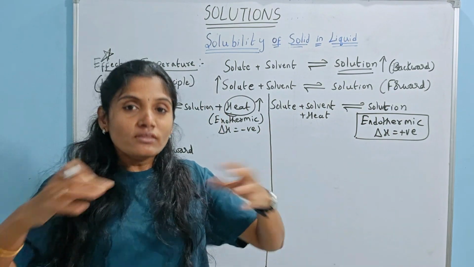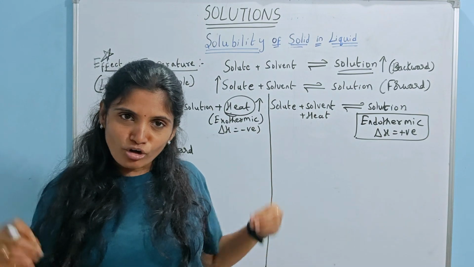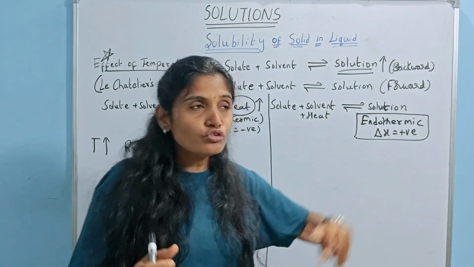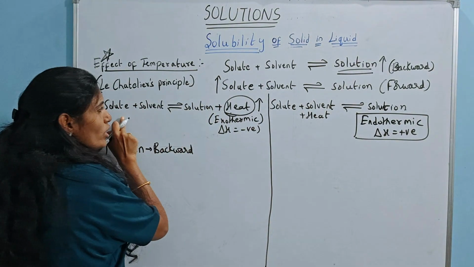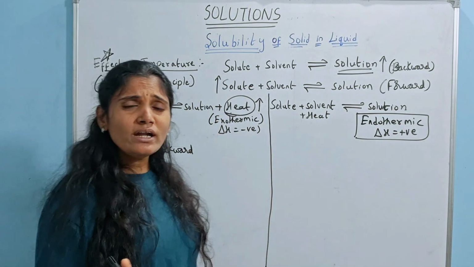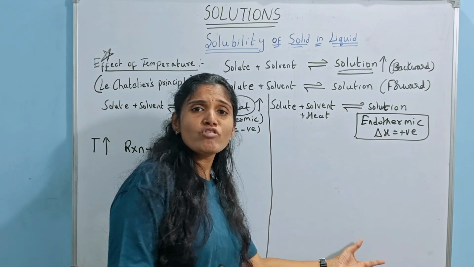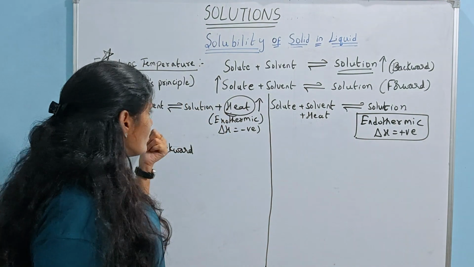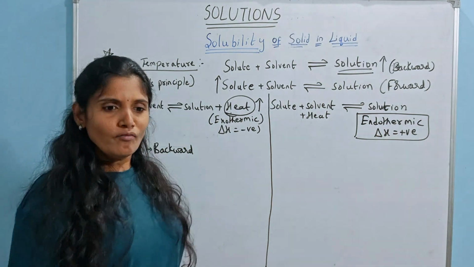Crystallization is when the solute which is dissolved is coming together and getting crystallized out. So when the reaction is going backward, will the solubility increase or will crystallization increase? Crystallization will increase, because the backward reaction is the crystallization reaction.